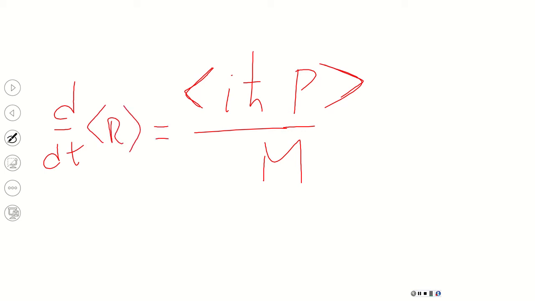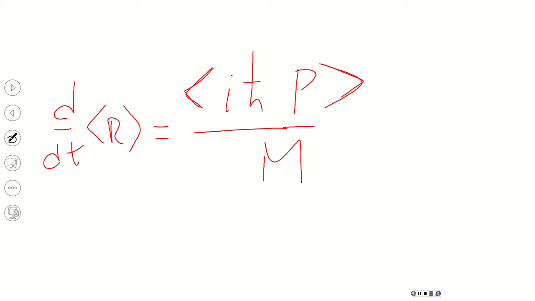And I'm not competing for the highest grade because I always miss the sign here. But the idea is that the time derivative of position depends on the expectation value of momentum.